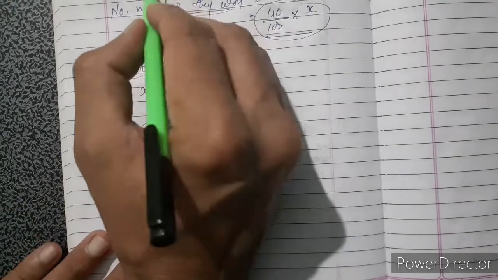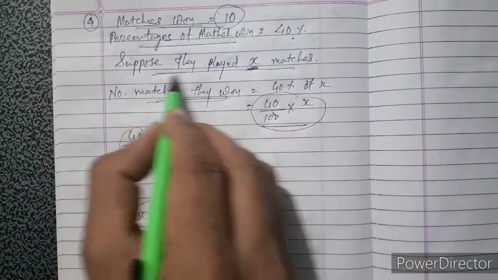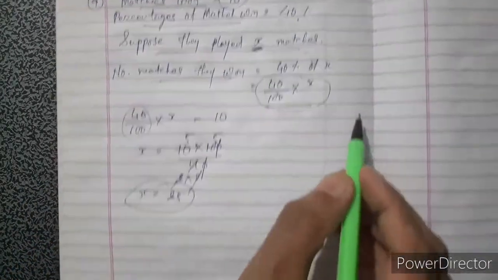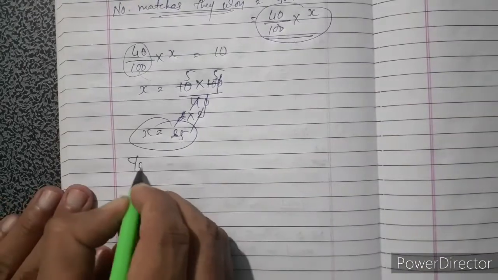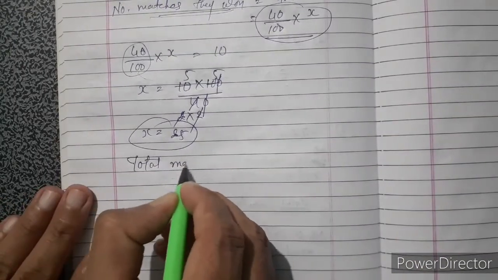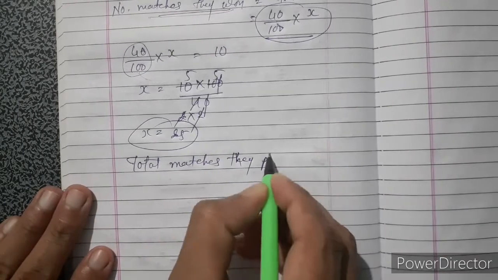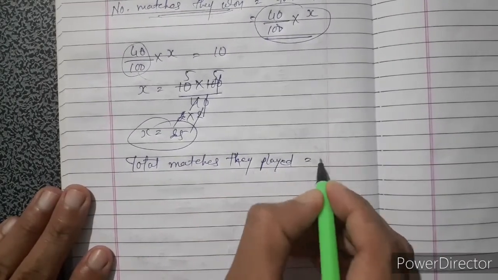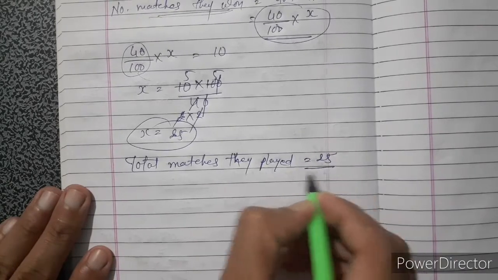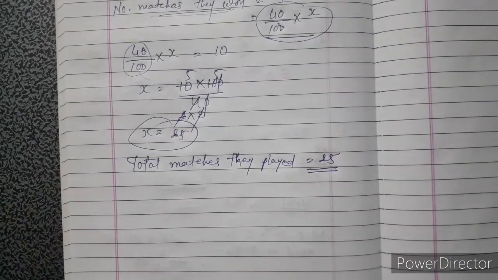X means the total number of matches they played, equal to 25. That's your answer.